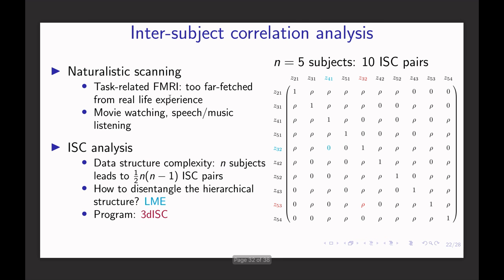The second modeling approach I want to discuss is called intersubject correlation. This is specific for one type of FMRI scanning called naturalistic scanning. It's a niche part of analysis and study.